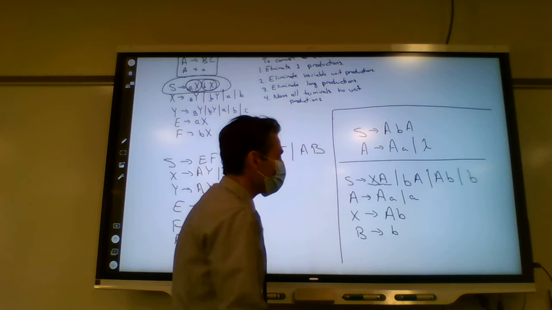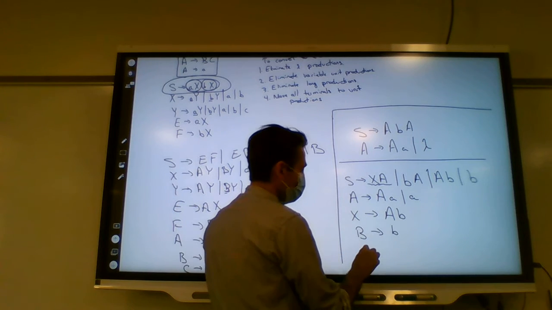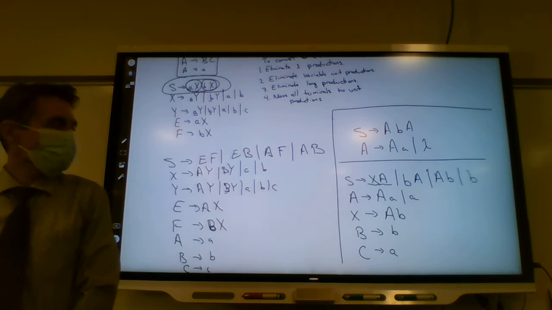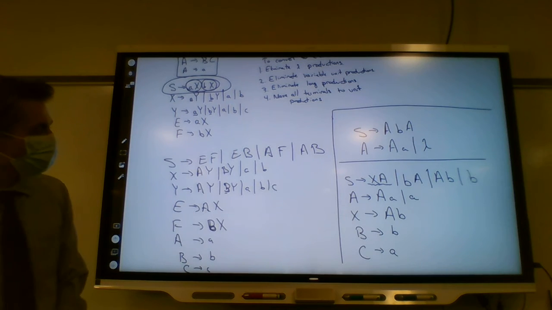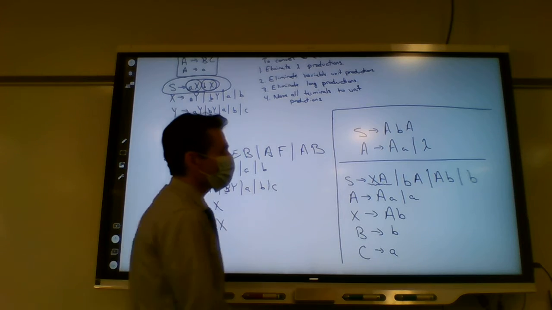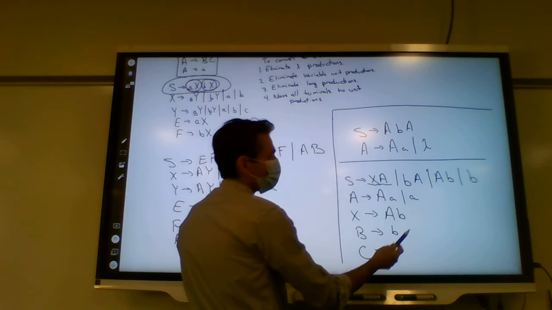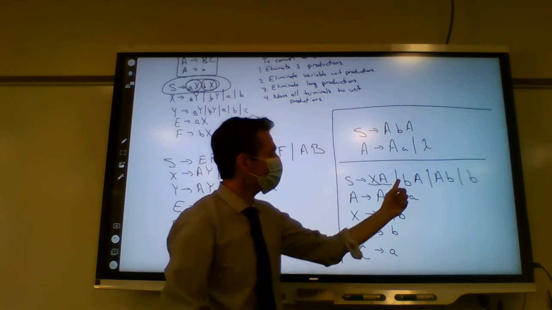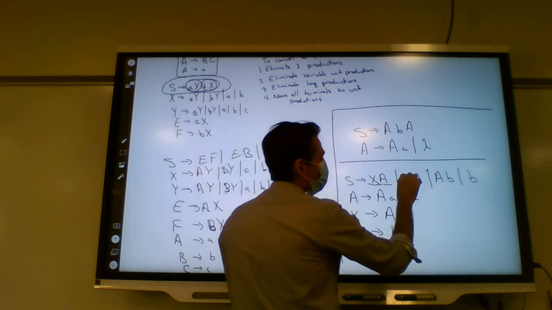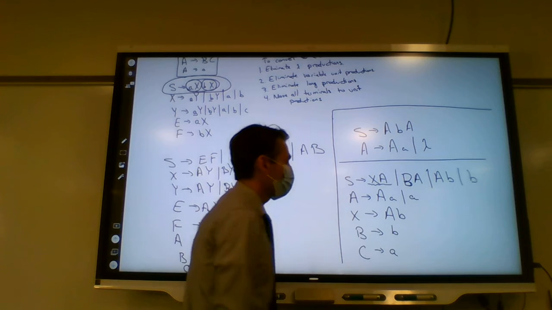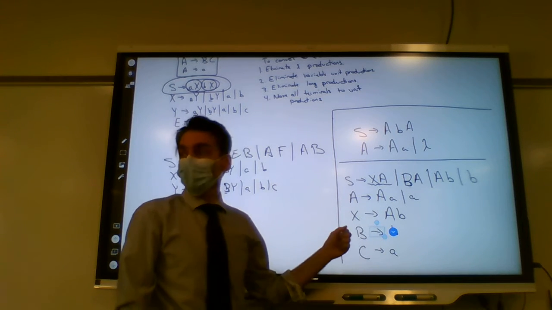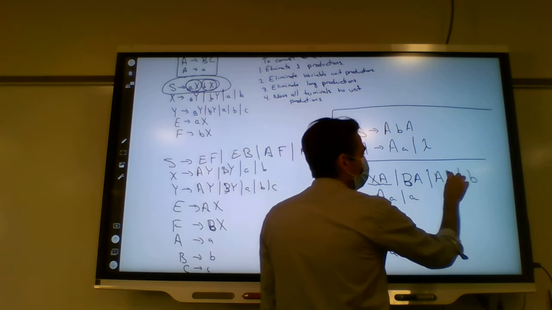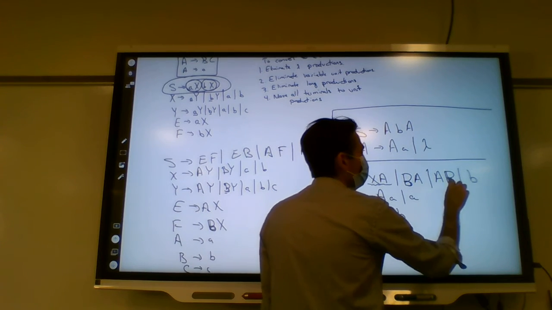All right, so if we let b represent b and maybe c transition to c, what happens? BA in this production now becomes what? The variable b, a. AB becomes a followed by the variable b.